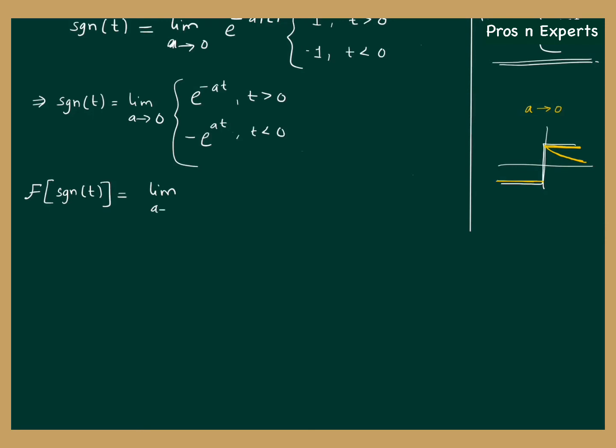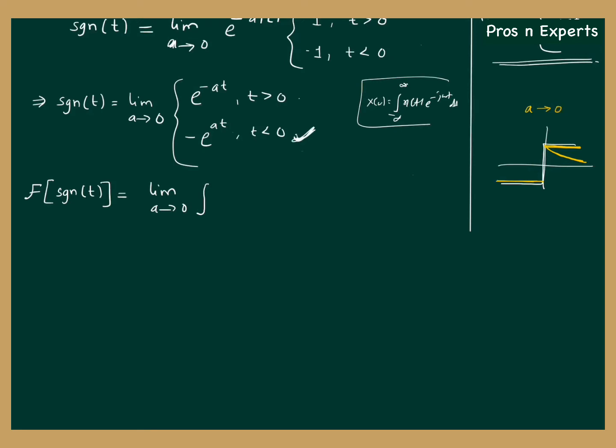So limit a tends to 0. First I am going to take this part. The actual definition is integral from minus infinity to infinity of x of t e raised to minus j omega t dt. That is the expression for the Fourier transform. But here we have two parts, this part and this part. So I'm considering this part first.